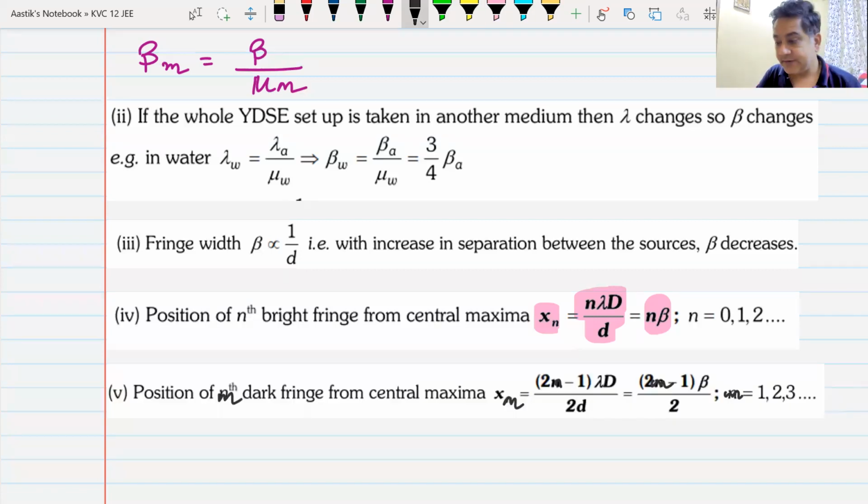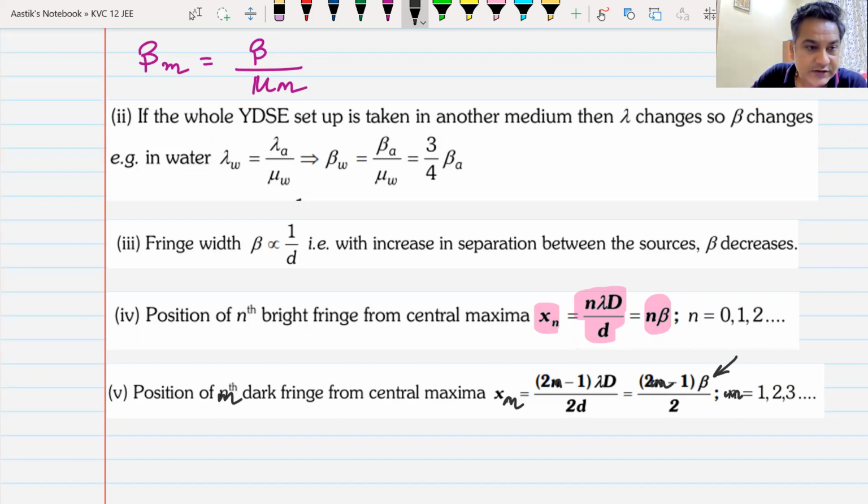We move ahead. We have seen the position of the nth bright fringe. You can also look at the position of the mth dark fringe in terms of beta. Do you see this beta here? Beta is lambda D by small d, so you can also write it in terms of beta.